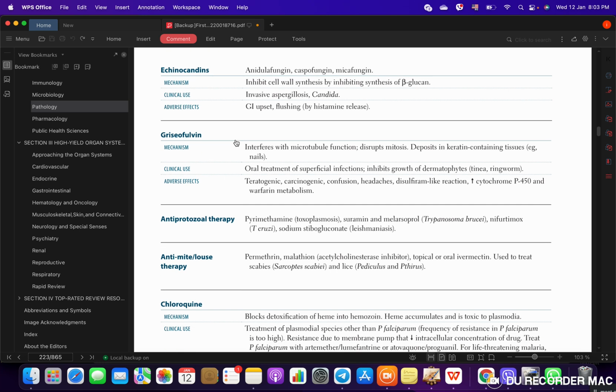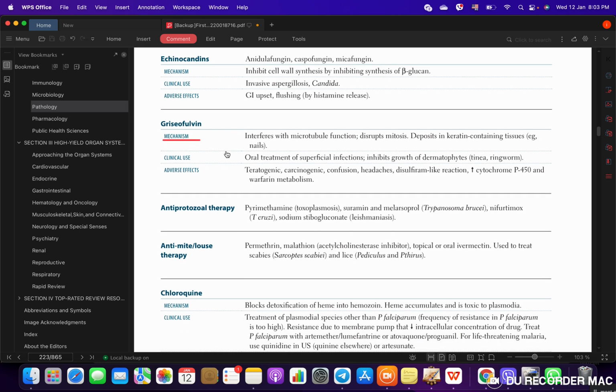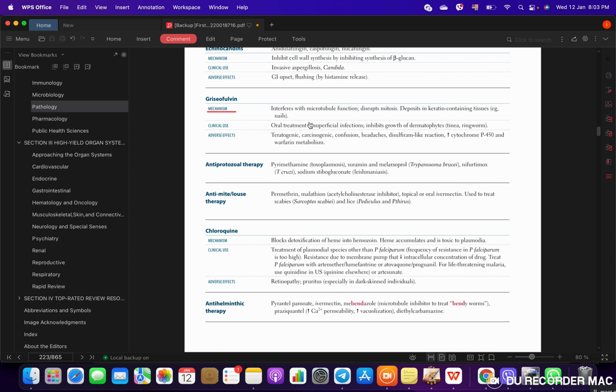So griseofulvin, which is the last drug for today, the mechanism of it will be as follows. It works by inhibiting the microtubule function. Do you remember any other drug that also inhibits the microtubules?